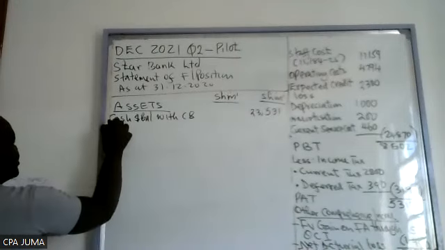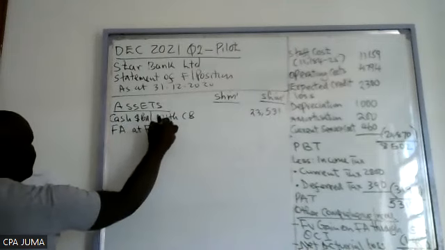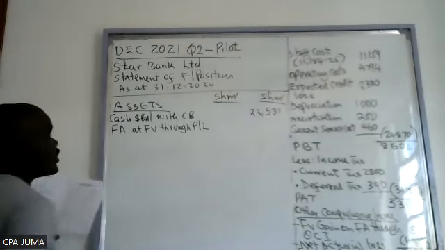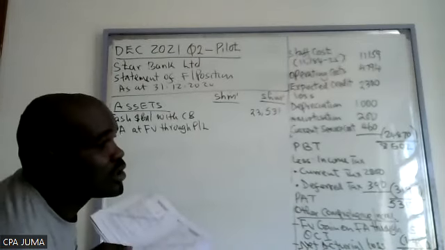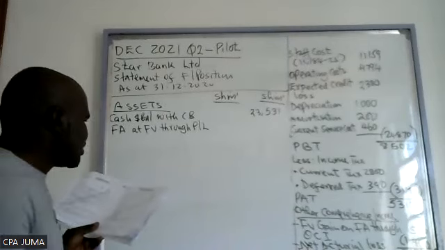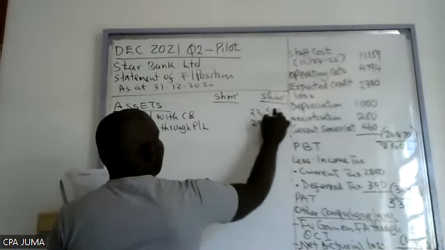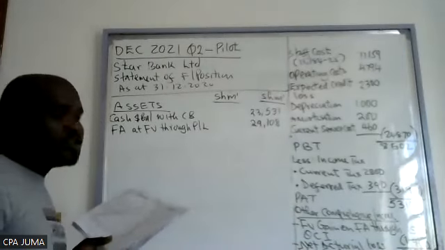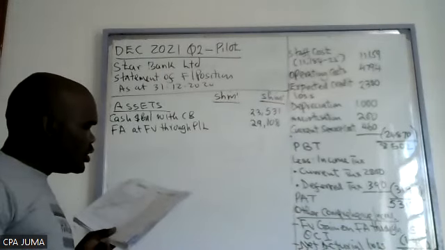Financial assets at fair value through P&L, those are short term, treasury bills, the money markets and the rest. 29,108. Financial assets at, hizo ni long term. Hizo wacha yuko ni long, ingoje kidogo.